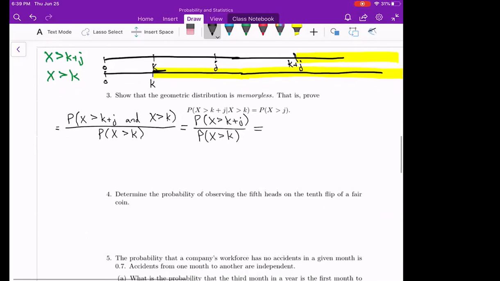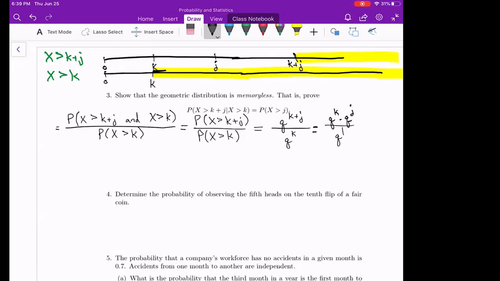In the problem we're working on, the numerator is the probability x is greater than k plus j. So m is k plus j, which means the numerator is Q to the k plus j power. And the denominator is Q to the k. The numerator is equivalent to Q to the k times Q to the j.